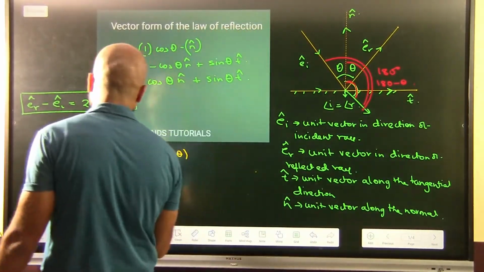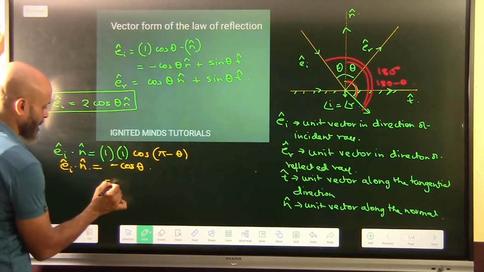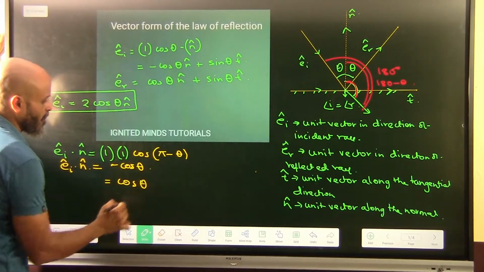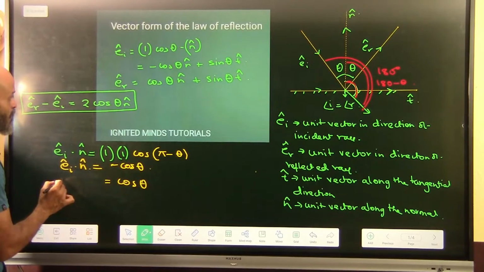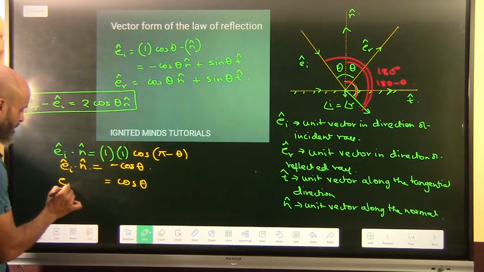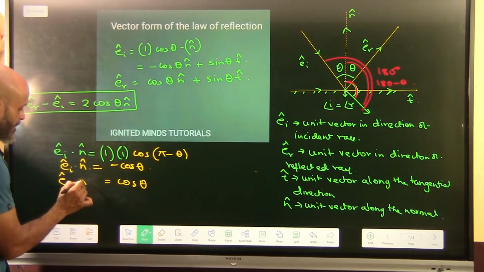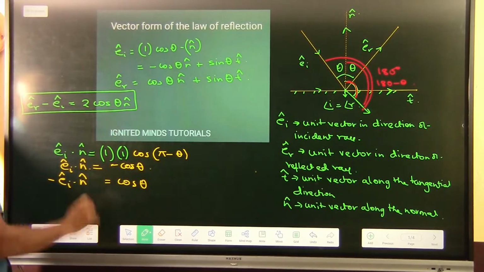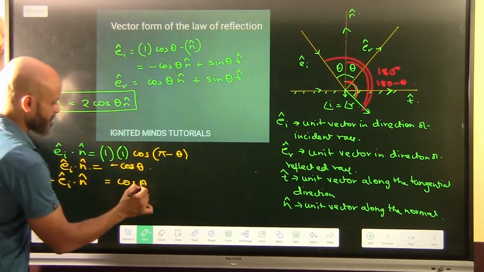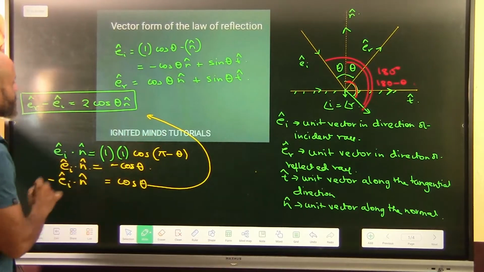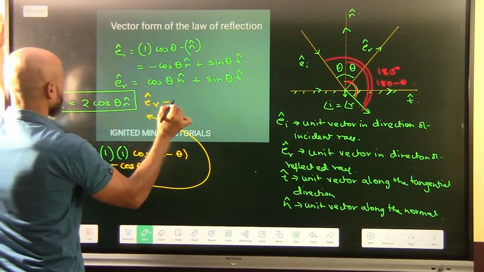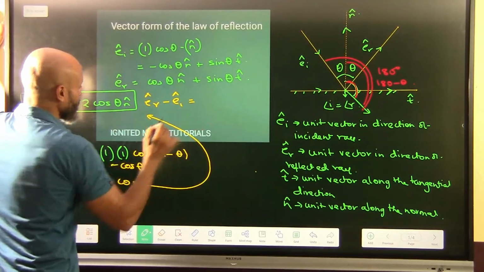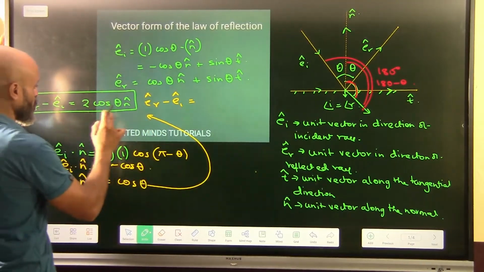Now, if I have to place the value of cos theta, cos theta will be equal to minus EI dot n. So, if I substitute this value here, ER unit vector minus EI unit vector will be equal to 2 cos theta n.